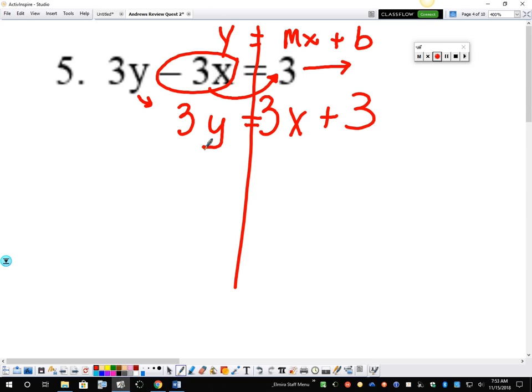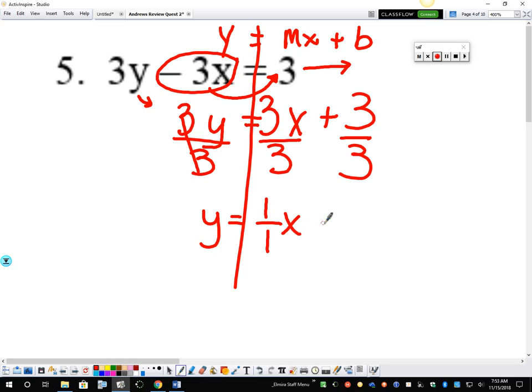Okay, now I'm going to divide everything by 3 so I get y by itself. And y equals 1/1x plus 1. Now I could have simplified the 3/3 in front of the x down to a 1, and that 1 could have been invisible. But I know I'm going to need to graph this, so I might as well have the 1/1 stay a fraction so that when I do my m and my b, I have it all ready.